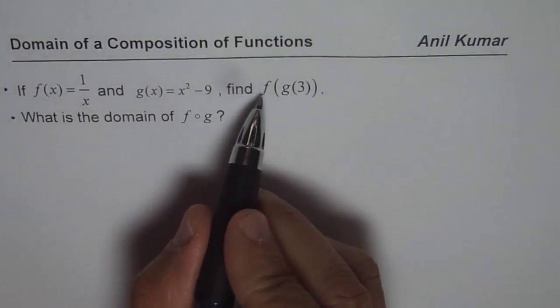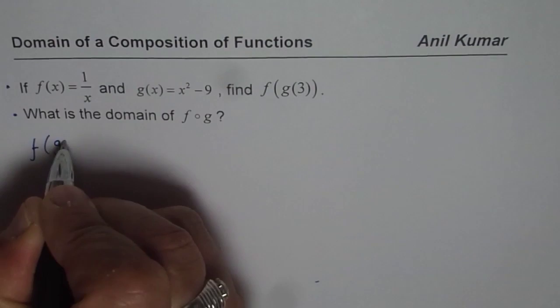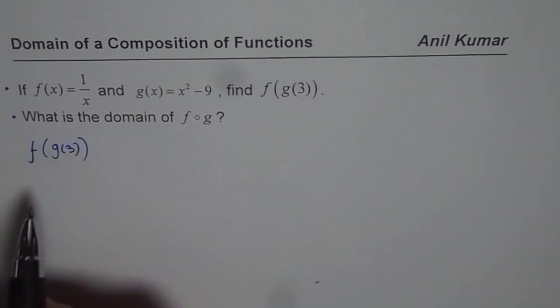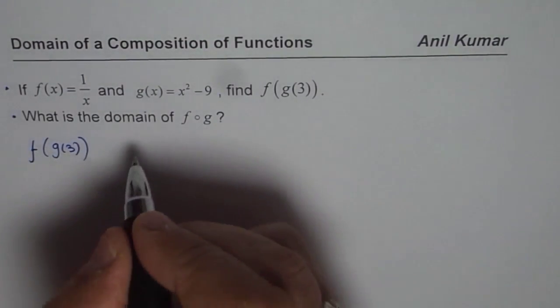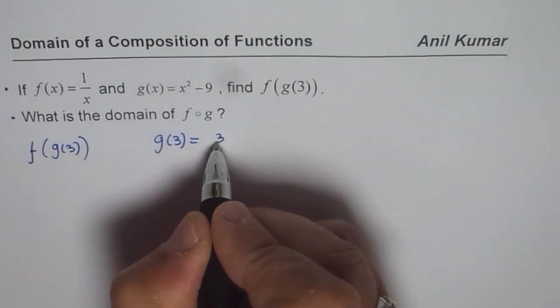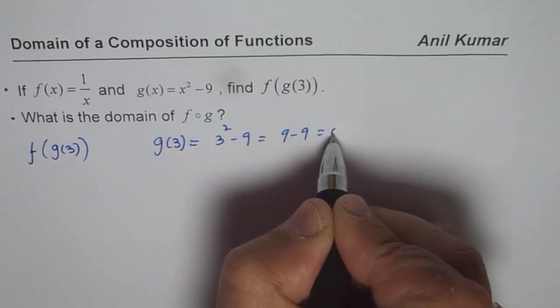Okay, so let us find what f of g of 3 is. To find that, first we have to evaluate what g of 3 is. g of x is given to us, so we can say g of 3 is equal to 3 squared minus 9, which is 9 minus 9 equals 0.